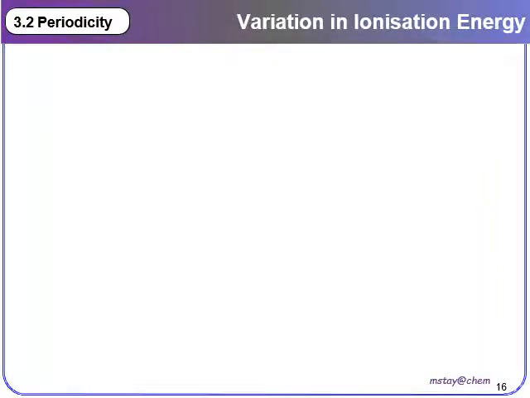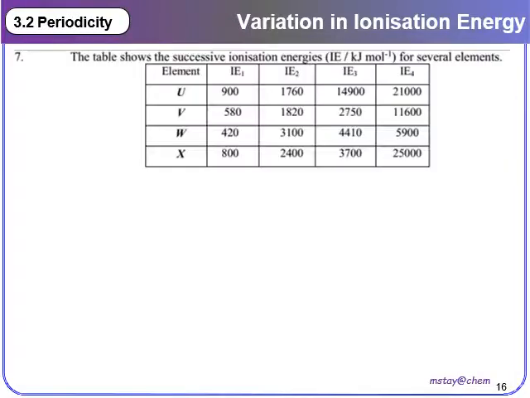Questions related to successive ionization energy can be given in a graph like just now, question number 5, or like tutorial question number 7, which gives us a set of data with 4 elements U, V, W, and X. So let's look at what the question asks.